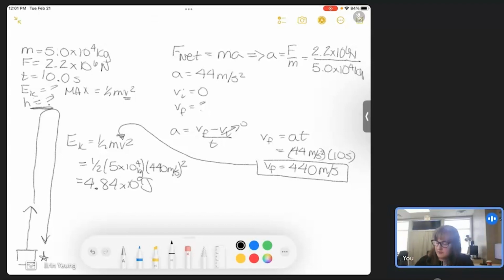Now, as we talked about at the beginning, we have our kinetic EK max here. We're going to have our EP max at the top height. So if EK max equals EP max, we can use this to find our max height, mgh.